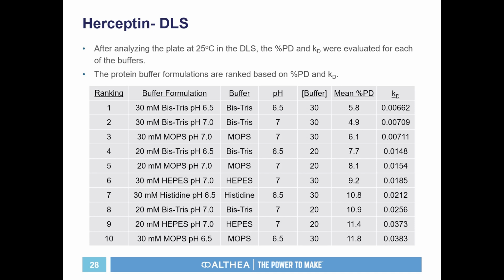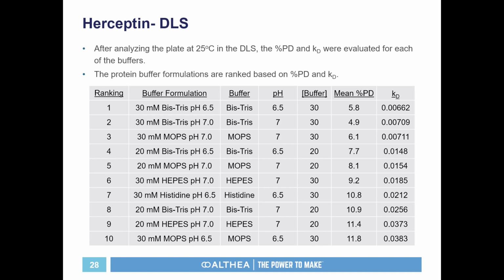As Lynette pointed out, we are really looking for something that is more slightly positive, so just above that 0 mark. We'll also consider things that are slightly negative, but the reason why we're more interested in the positive KD value is because that's indicative of a repulsive molecule in the buffer system, whereas the negative KD value is indicative of an attractive molecule in that buffer system. So if we can have that positive buffer, we have more control when we get to the crystallization methods.